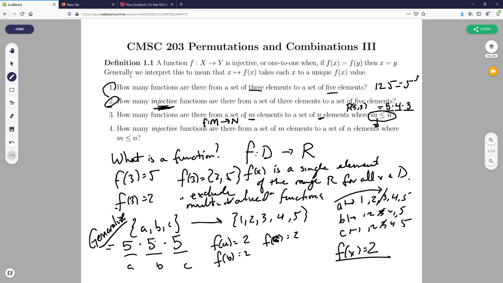Each one of these choices is the size of the set n, which is just little n, and there are m of them, so it's going to be n to the power m functions. Basically, we draw out m slots, and each one of them is going to have an n in it.